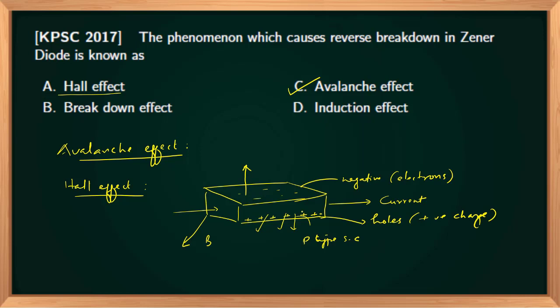When positive and negative charges are separated in the crystal, an electric field is produced. This is the Hall electric field. This electric field is proportional to the product of current I and magnetic flux density B. This phenomenon is called the Hall effect. Avalanche effect is the correct option.